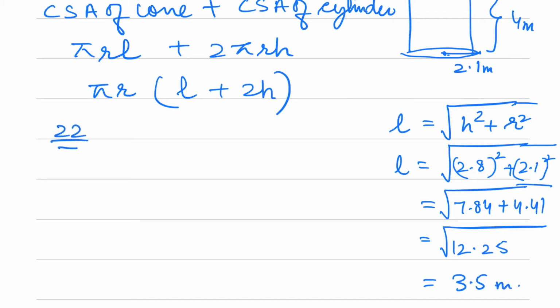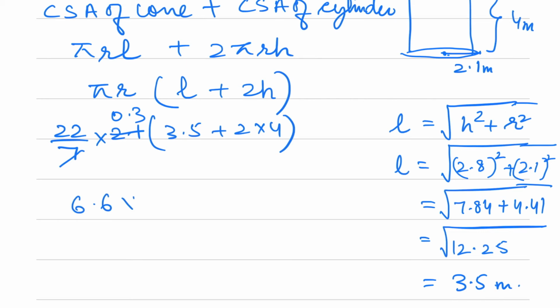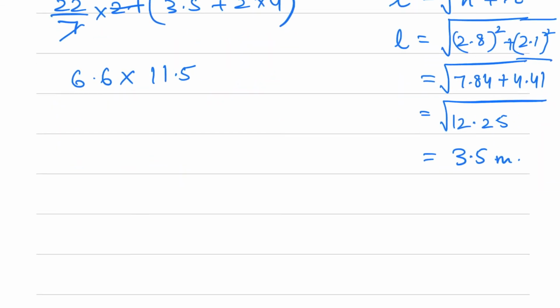So 22 by 7, radius we have as 2.1, and L is 3.5 plus 2 into 4, height of the cylinder. So 7, 0.3, we have 6.6 into 11.5. Let's do some rough work here. So we have 115 into 66.